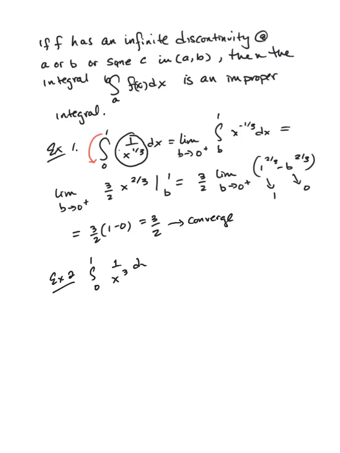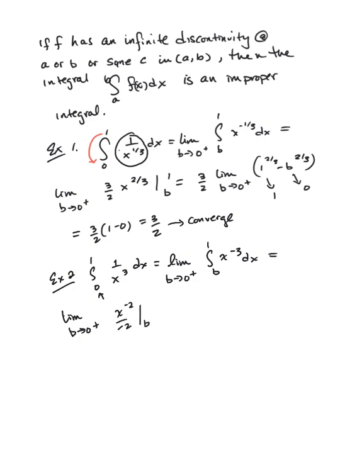Anyway, there's an infinite discontinuity at 0 again, so we get the limit as b approaches 0 from the right, because 1 is to the right of 0, of the integral from b to 1 of x to the negative 3 dx. Now, as you know, that's the limit as b approaches 0 from the right of x to the negative 2 divided by negative 2.